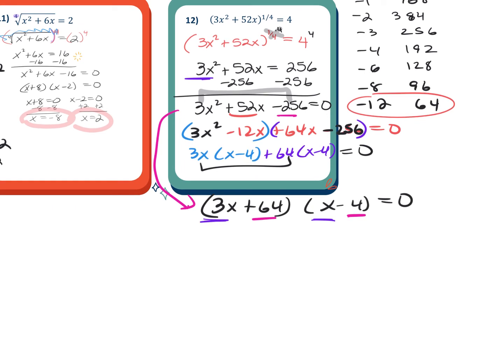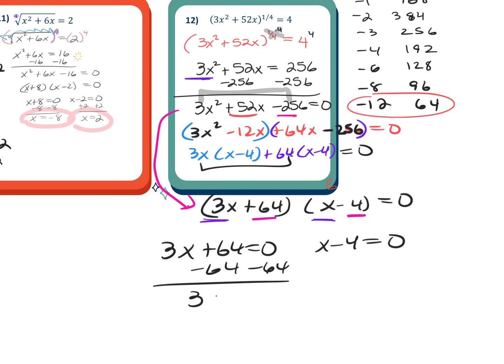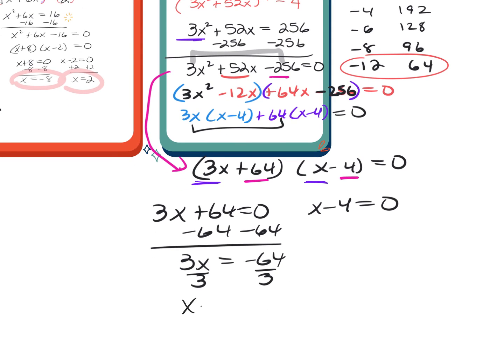So now that I found the two binomials, you're going to set each of them equal to 0 and solve for x. So subtract 64. 3x equals negative 64. Divide by 3. And my first solution is negative 64 over 3. And this one just gives me positive 4.